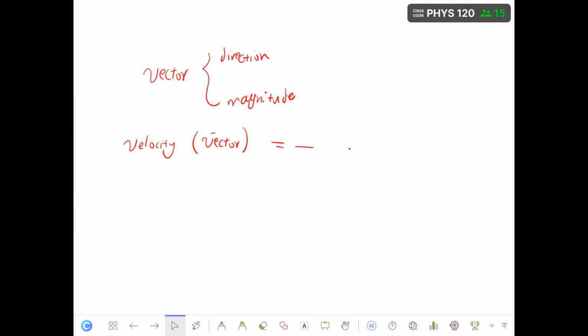And the velocity definition was displacement over time. And the displacement is a vector as well. So you may ask, what is the unit of the velocity? If we say displacement is in miles and the time is in hours, the unit of the velocity will be miles per hour. And you have heard that a lot.